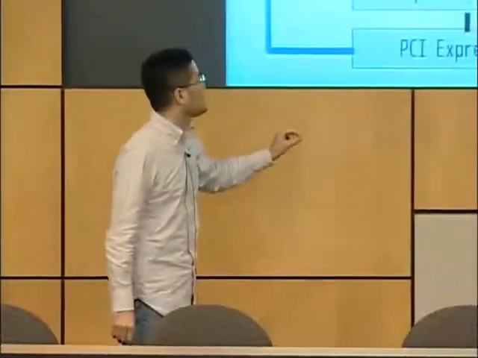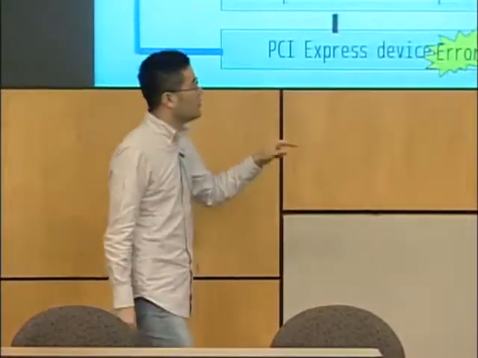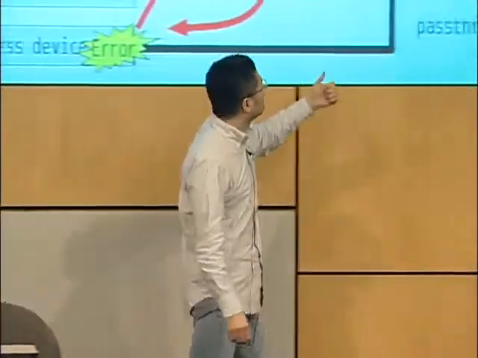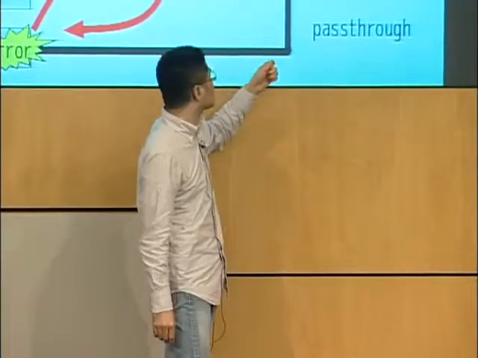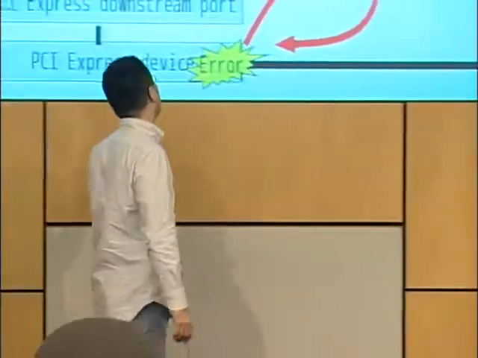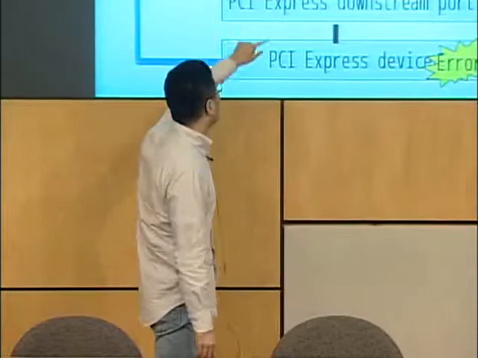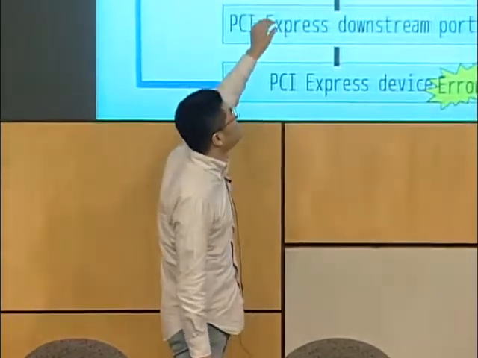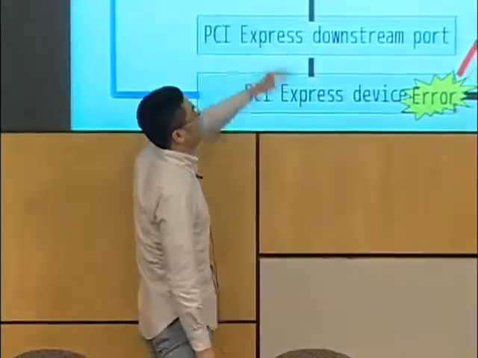And the bus topology is also an issue. The real hardware's PCI bus topology and the virtual PCI Express bus topology can be different. So if an error occurred in the middle of the Express hierarchy, where to inject the error is not trivial.